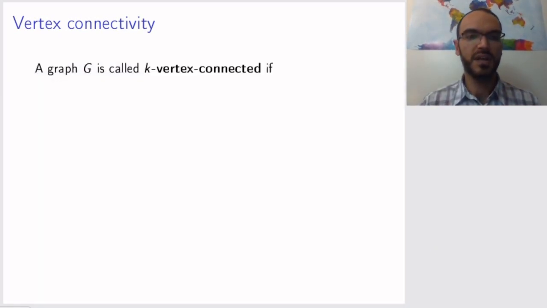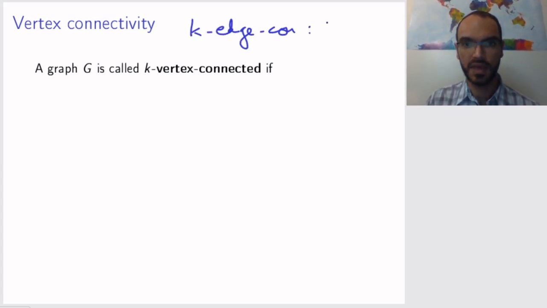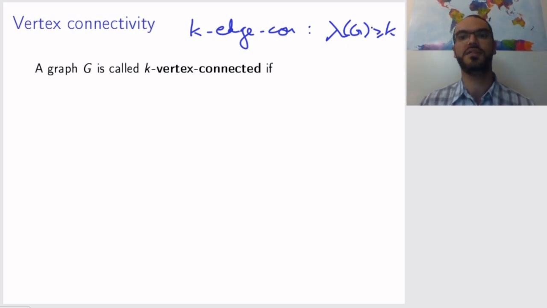So in the same way that we defined what it meant for a graph to be k-edge connected, we can define what it means to be k-vertex connected. So remember, go back to the definition of k-edge connected. K-edge connected meant that the edge connectivity of the graph is greater than or equal to k. So if you remove any less than k edges, the graph will still be connected. We want to define a similar thing for vertices.